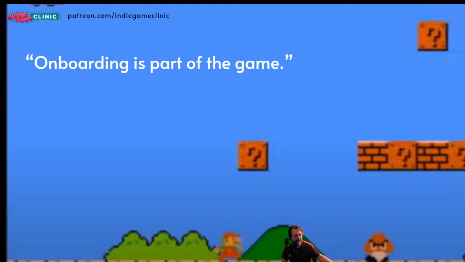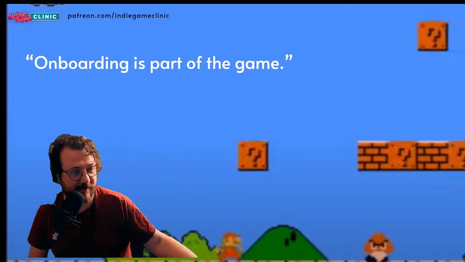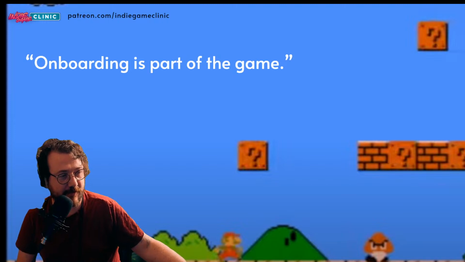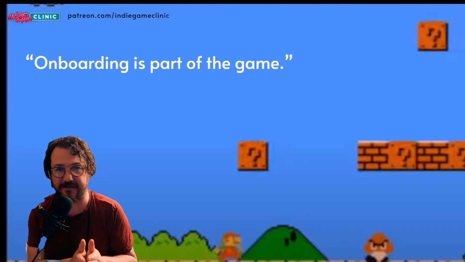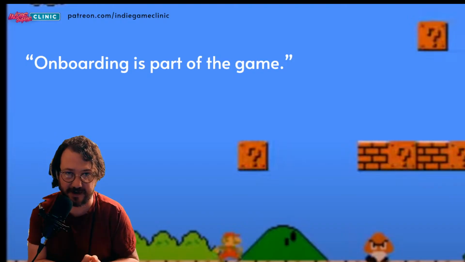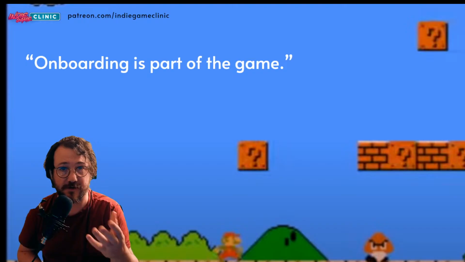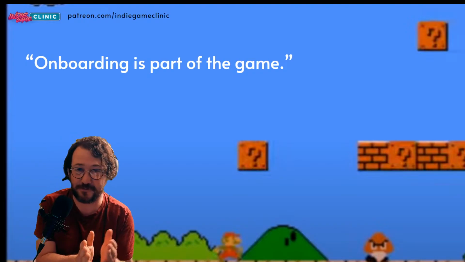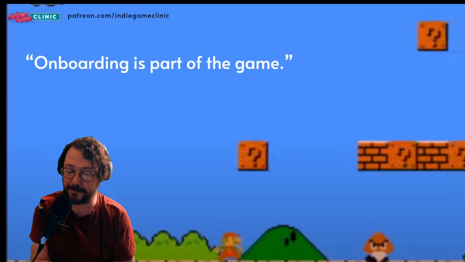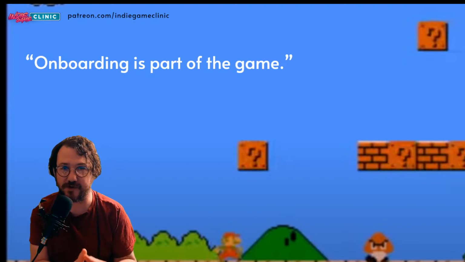To explain that more clearly, the heart of your game is what happens in the middle of the game. That is the point at which your player understands the game, and they understand it as well as you do as the designer of the game, or maybe even better than you do, right? We've definitely experienced this. And that is where the real game is.